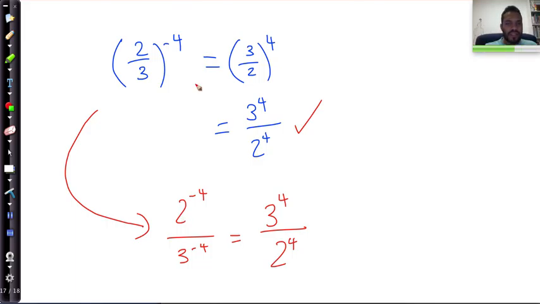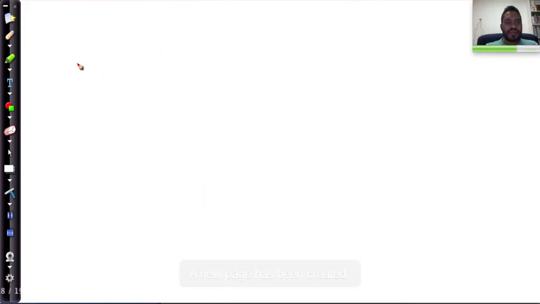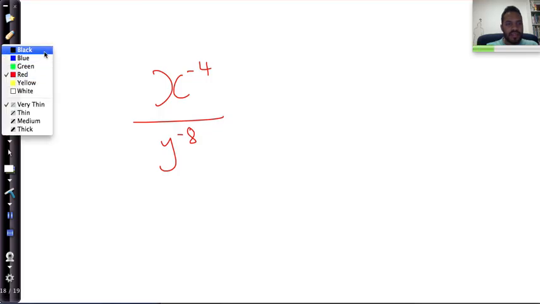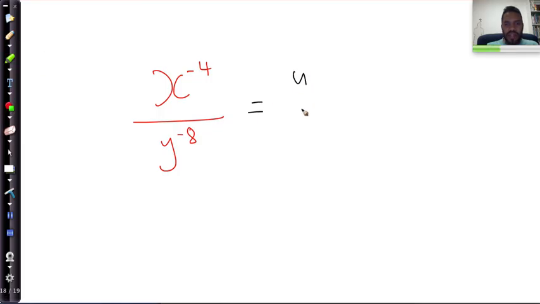Okay, so one of the things is if I had to ask you to write things in positive exponents, for example, x to the negative 4 divided by y to the negative 8, you're going to say that is going to be the same as saying y to the positive 8 divided by x to the positive 4.